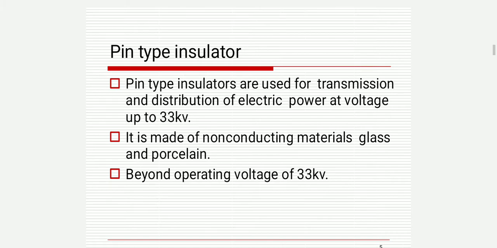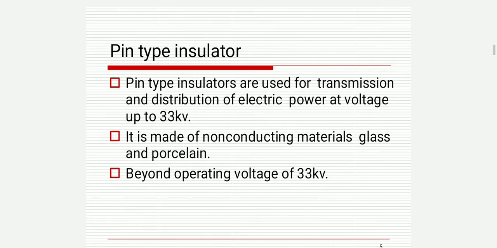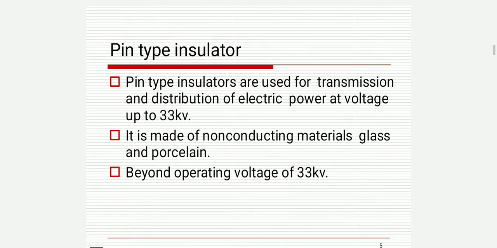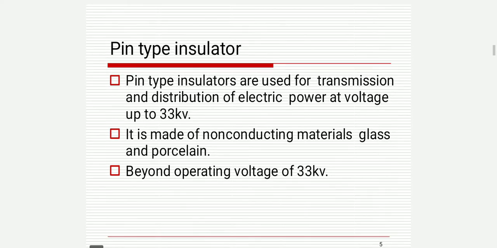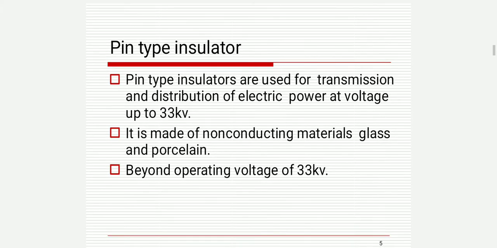This type of insulator is used both for the transmission and distribution of electric power, for voltages up to only 33 kV.